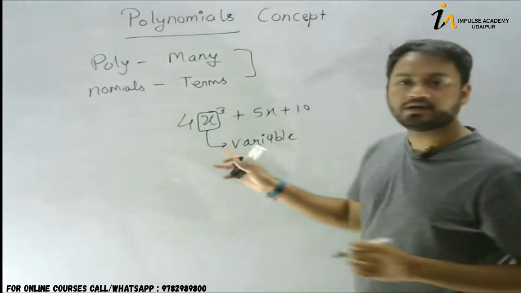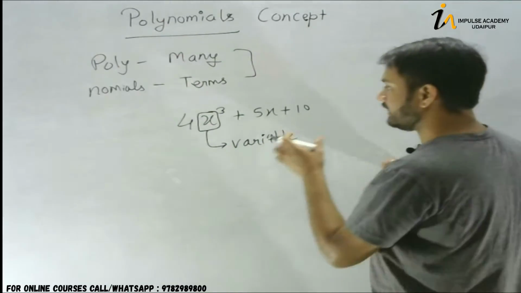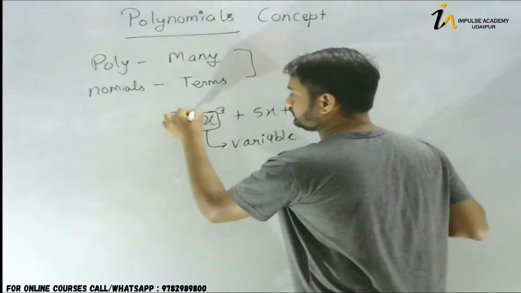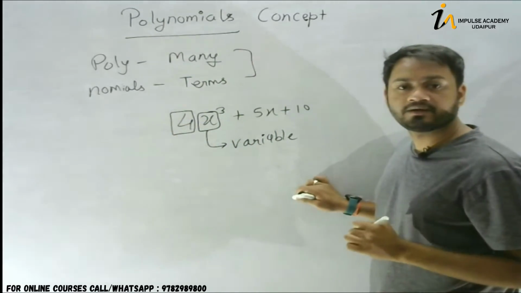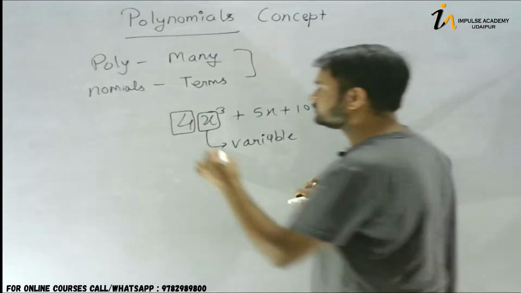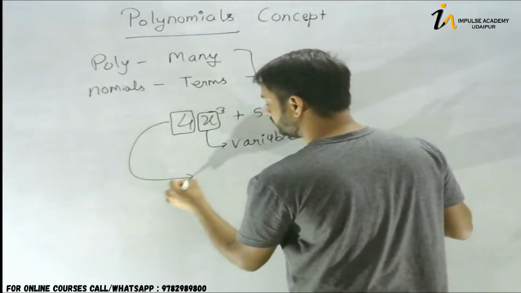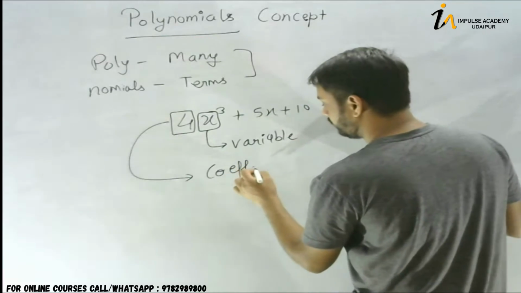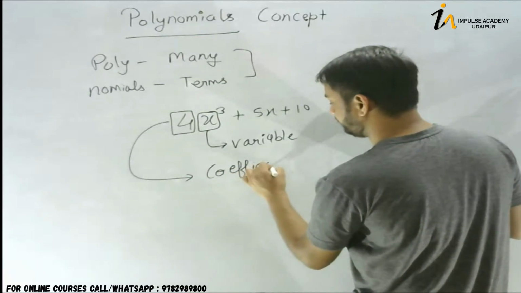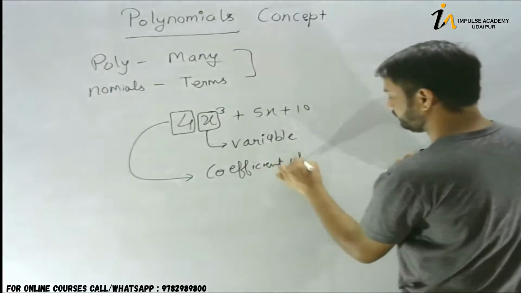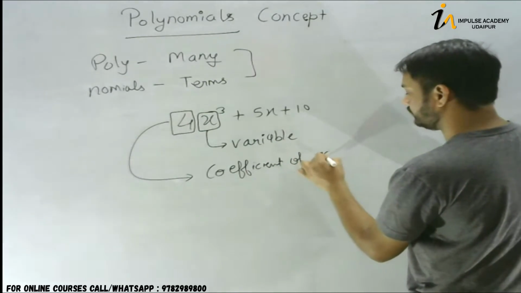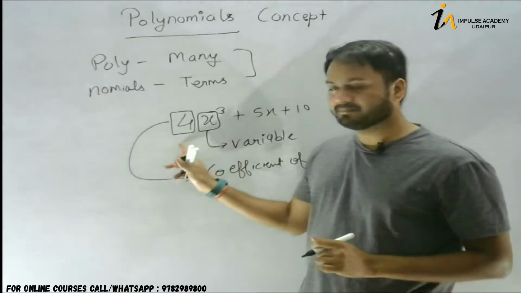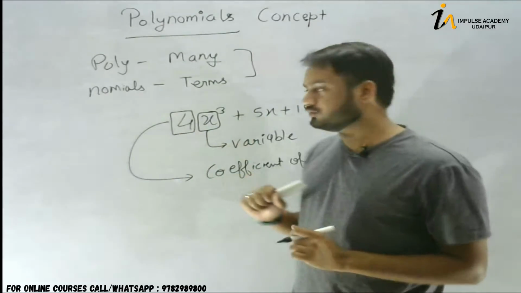This x is called a variable because it is algebraic. The 4 is a numeric value, so this is also called the coefficient of x cube, because it is in front of x cube.